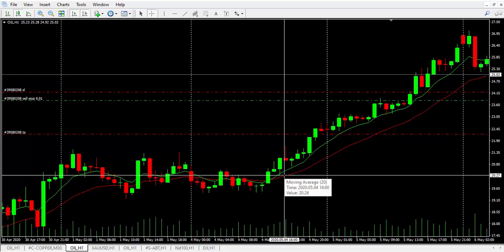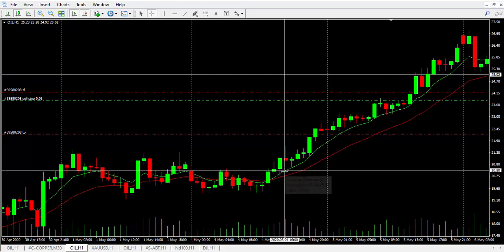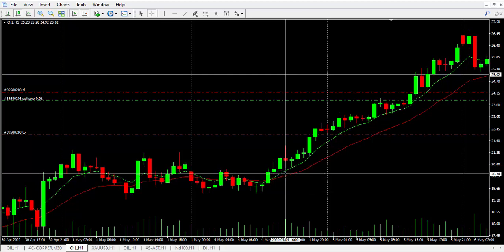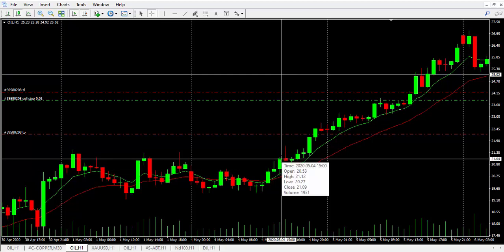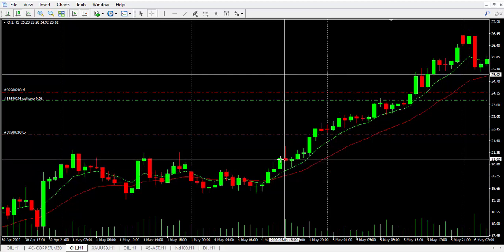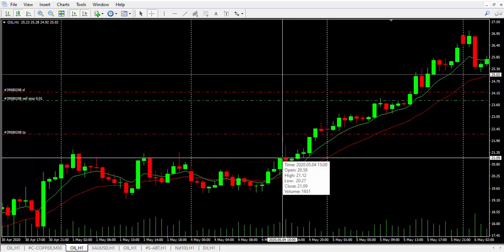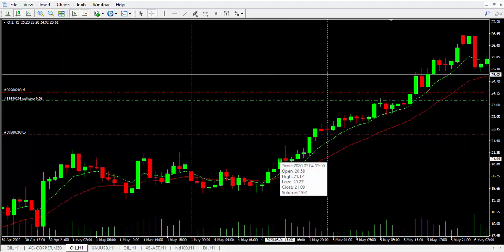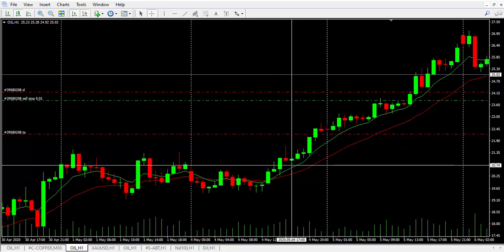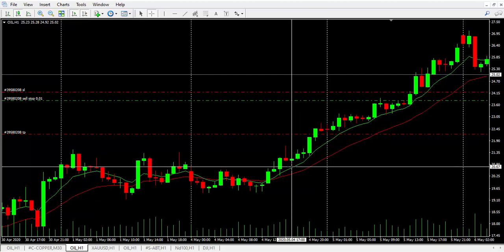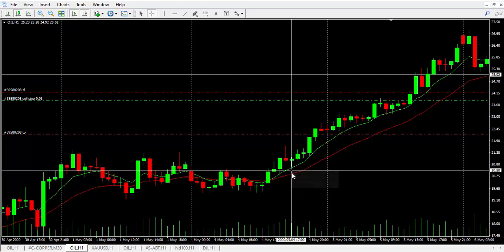So why do we call it a lagging indicator? After almost a 60 cent move up, this indicator gives the signal to take a trade, where the price is 21.10, and you can see the price falls 30 to 40 pips down, and you will start to fear that it may move further down.